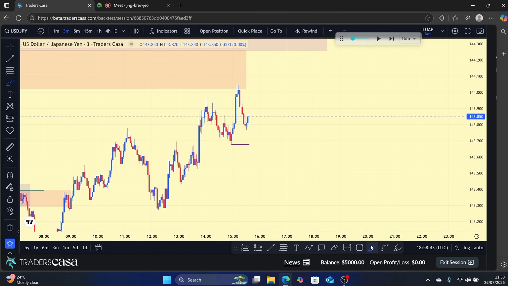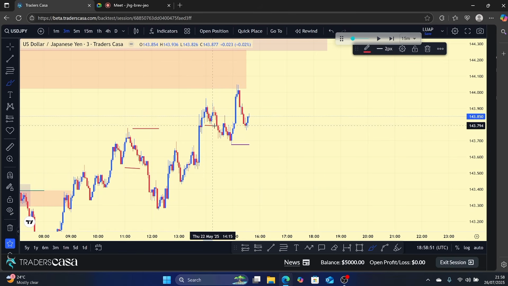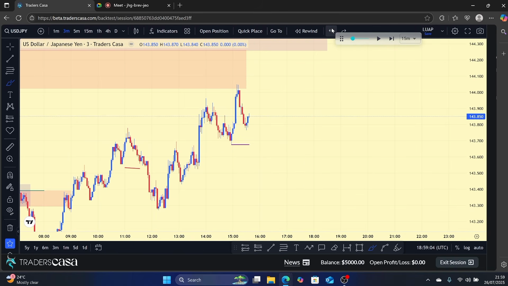You can clearly see that this one is the inducement, and this one is a break of structure. Price took out the inducement here, break of structure, but there is no inducement here. So the inducement is the trading range low, which is now a major inducement. So we have gotten the context now. We have marked all of that, and we can confirm that this one is our major inducement.